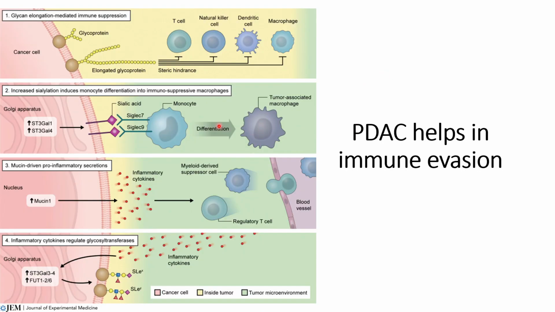How this aberrant glycosylation also helps in immune evasion is shown in this figure, and it is briefly categorized into four categories. First is the formation of elongated glycoproteins, and because of this it will act as a physical barrier, which some people even call a glycocalyx layer. This helps in preventing direct interactions of immune cells with the cancer cells.